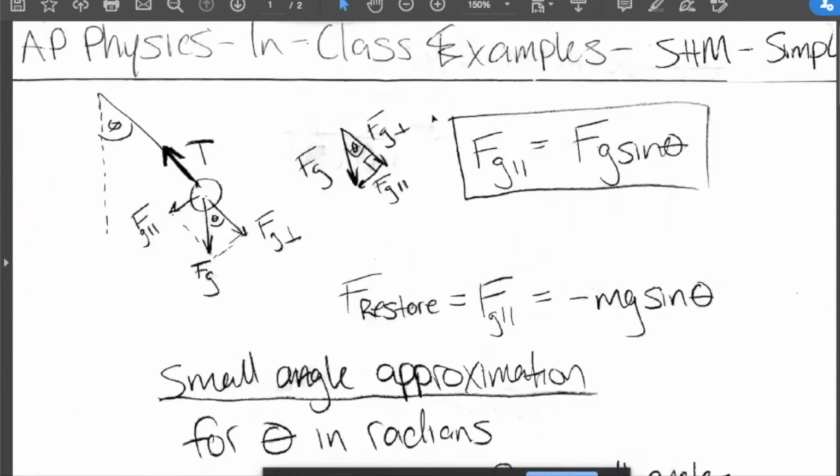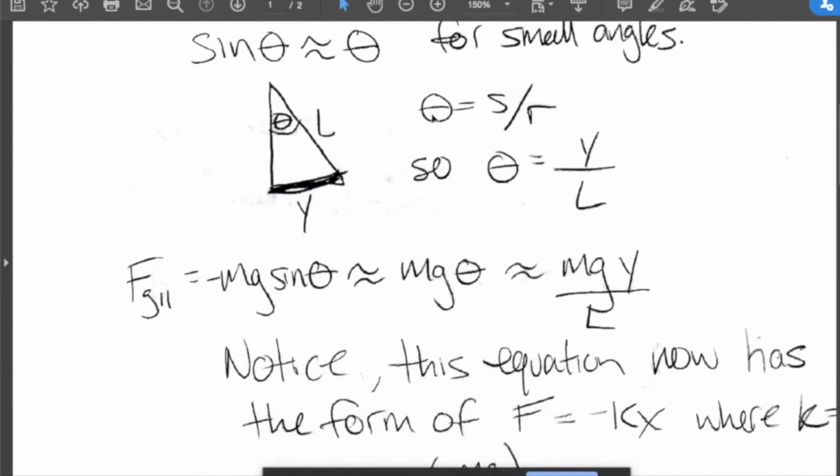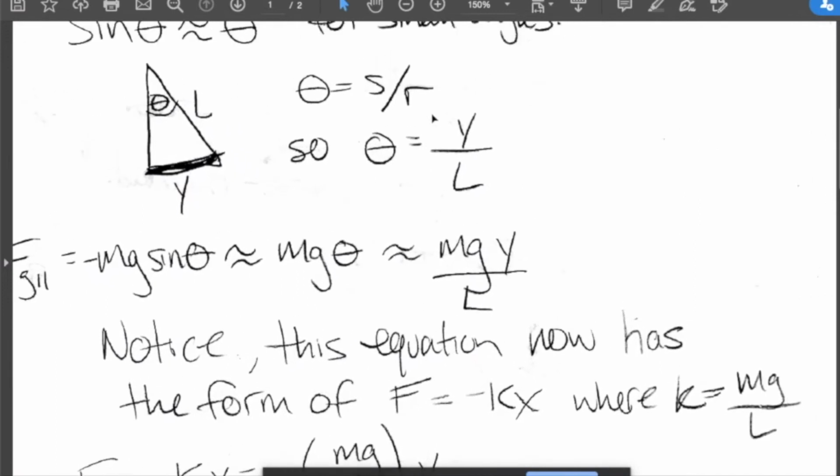Notice this equation now takes the form of F equals negative kx. Now this part is a little sketchy, but the spring force equation is proportional to the displacement times some other constant. And what you notice is that m, g, and L are all constants.